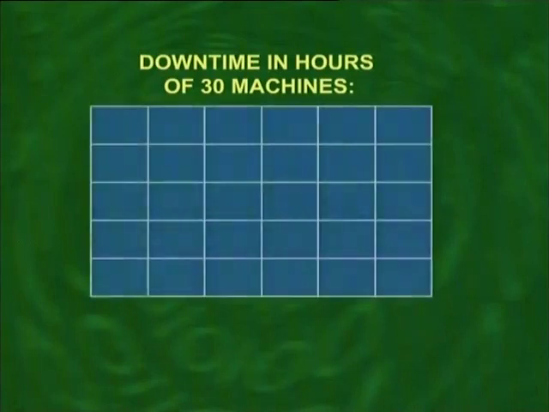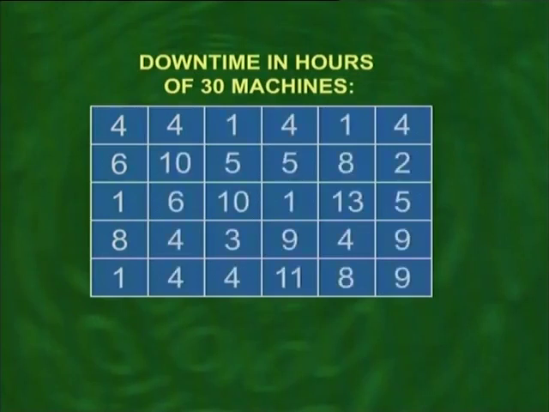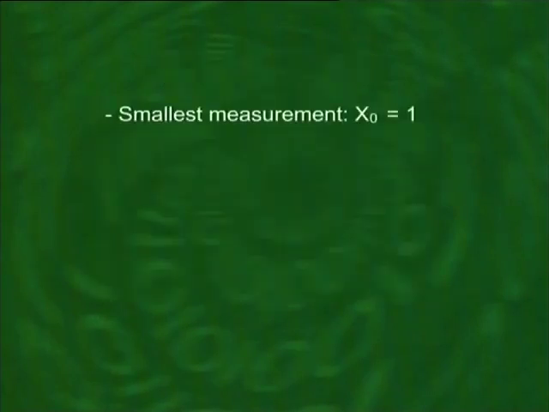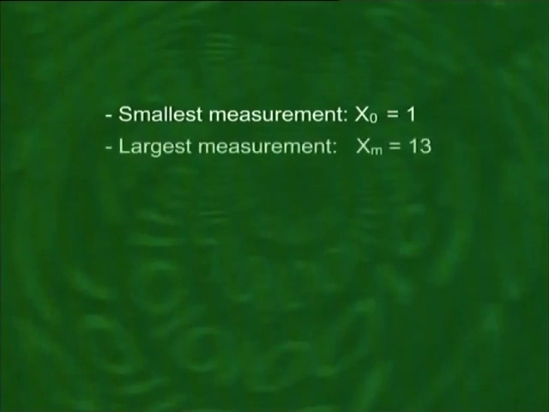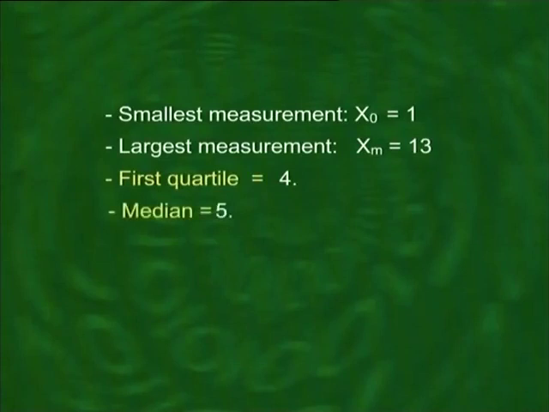The data regarding the downtime of the 30 machines is 4, 6, 1, 8, 1, 4, and so on. In order to construct the box and whisker plot, we need to locate the smallest and the largest observations in our data set, and these values are 1 and 13 respectively.